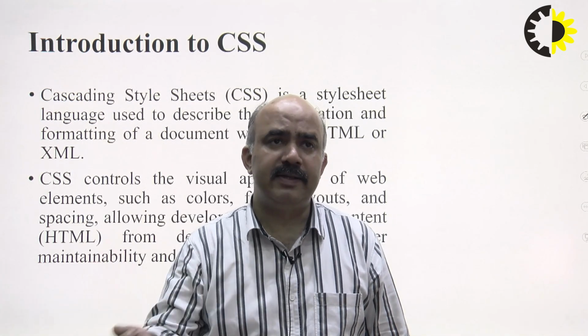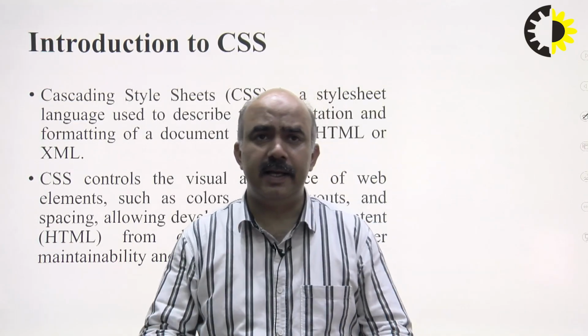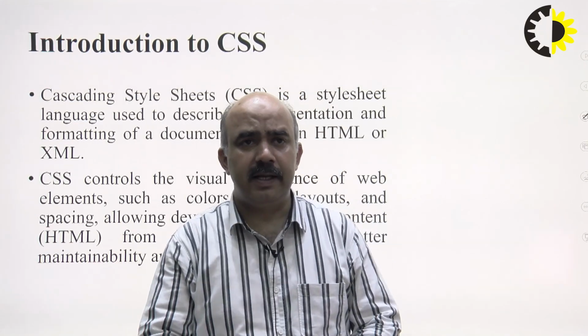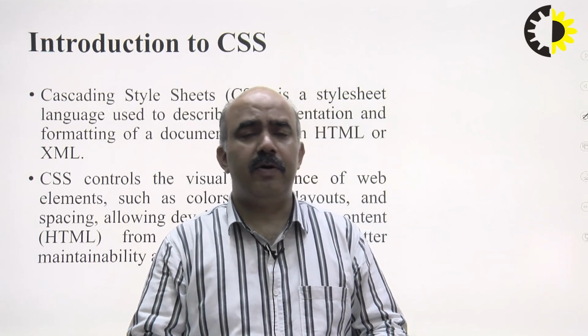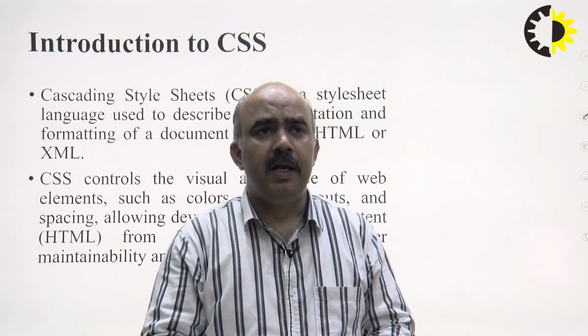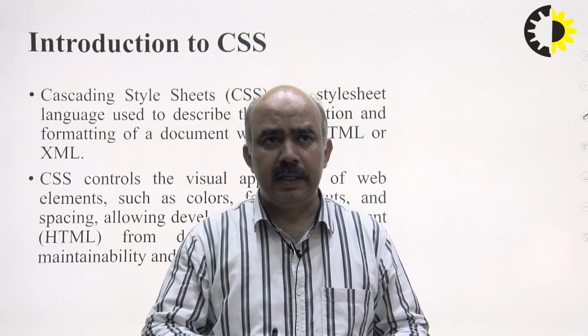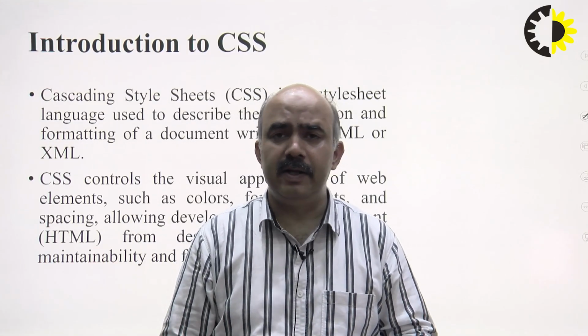We apply CSS in our HTML web pages the same way, whether to the heading of the web page, the bottom, or in between. For that, CSS is generally used.